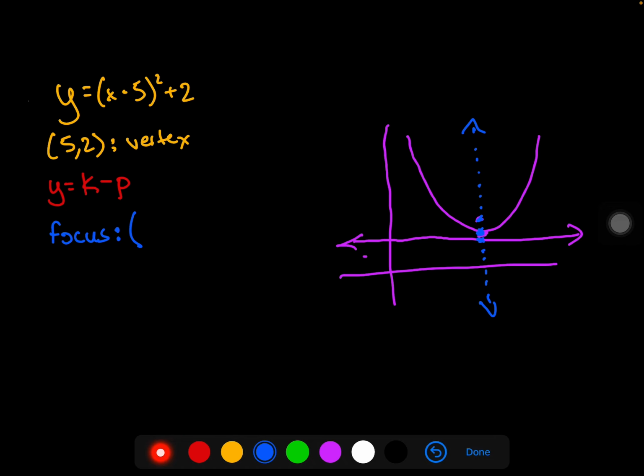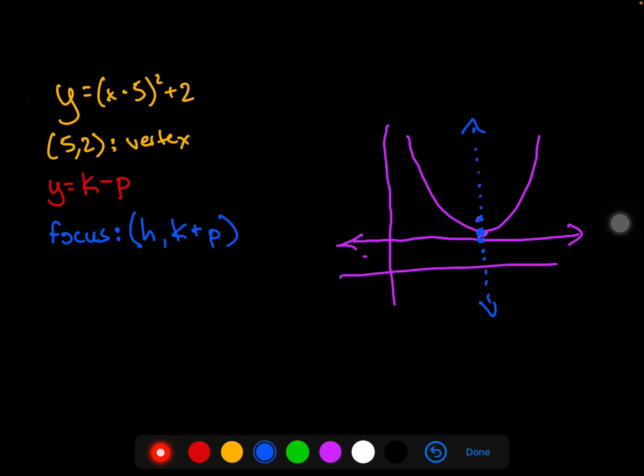And so our h, or our x value in the vertex, is going to stay the same for a point. That's the focus. But then it's got to be some measure above k, above our y value. It's going to be k plus that p. And again, we know that from the vertex to the focus, back down to the directrix, these are all the same distance.